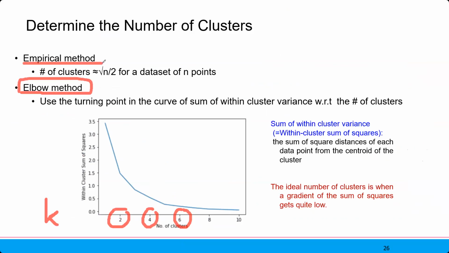It is based on an empirical method: the number of clusters is equivalent to the square root of n divided by 2, for a data set of n points. So we need to explore the number of clusters up to this point.